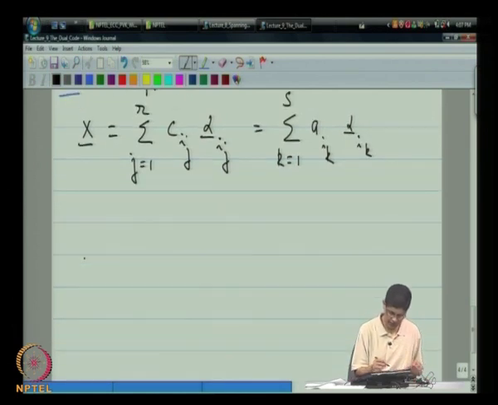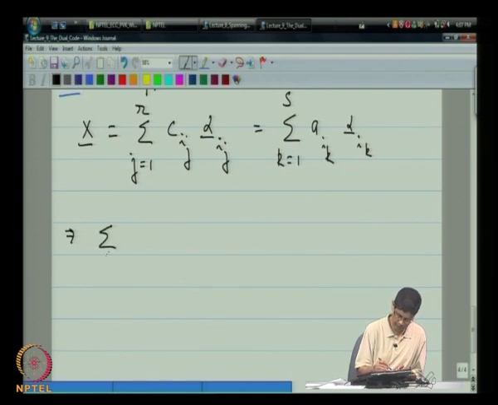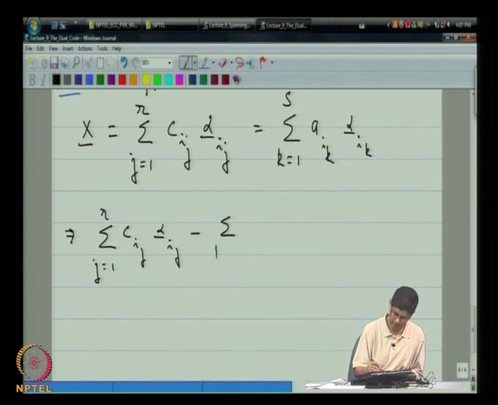But this would imply that the sum j equal to 1 to r, c_{i_j} alpha_{i_j}, minus the sum k equal to 1 to s, a_{i_k} alpha_{i_k}, is equal to 0.